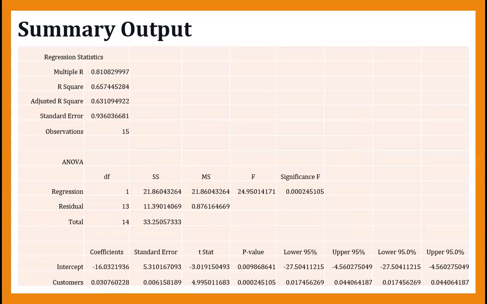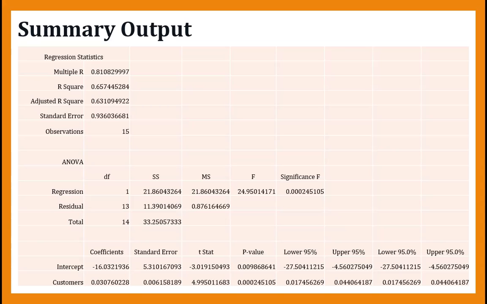Because the data are collected over a period of 15 consecutive weeks in the same store, we need to determine whether there is an autocorrelation or not. First, we develop the linear regression model, and then we can predict the sales on that. On the basis of the summary output, we get an R square value of 0.65744, indicating that 65.74 percent of the variation in sales is explained by the variation in the number of customers.